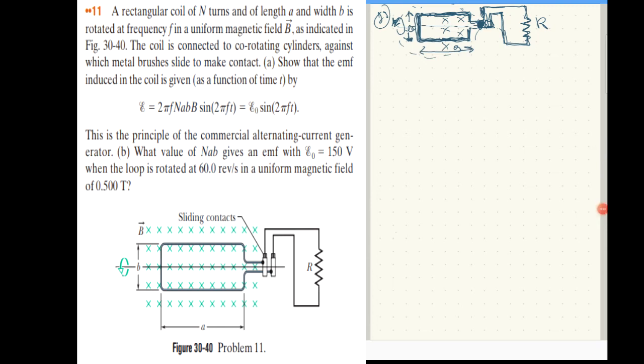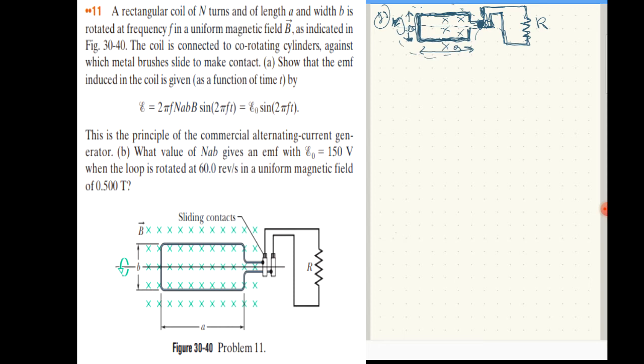Today I'm going to solve problem 11 of the book of Halliday, volume 3, edition 10. It's a problem about the law of Faraday, or the law of induction.